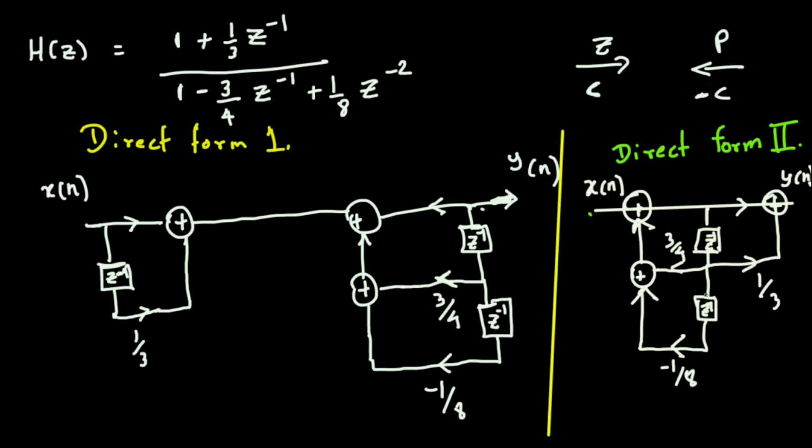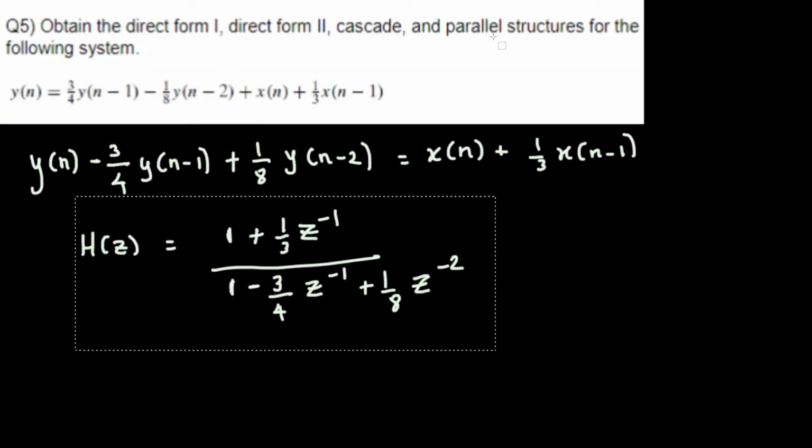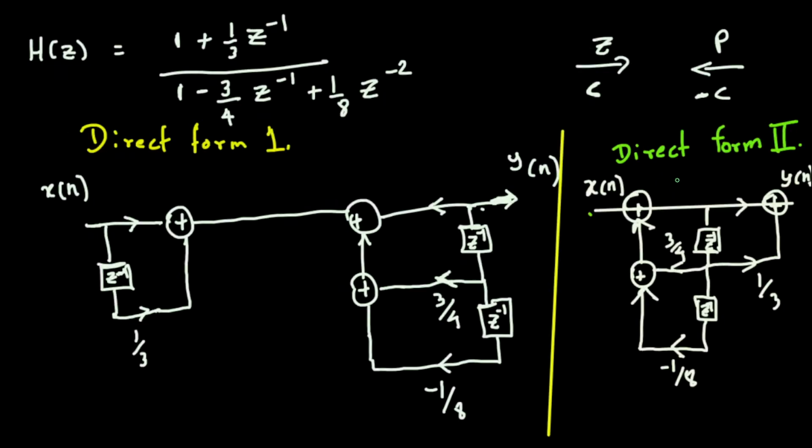Now for the next part, we have to draw the cascade and parallel. For the cascade and parallel, we follow the direct 2 form pattern. In the direct 2 form pattern, you see that poles are on the left side of the diagram, and the zeros are in the right side of the diagram.